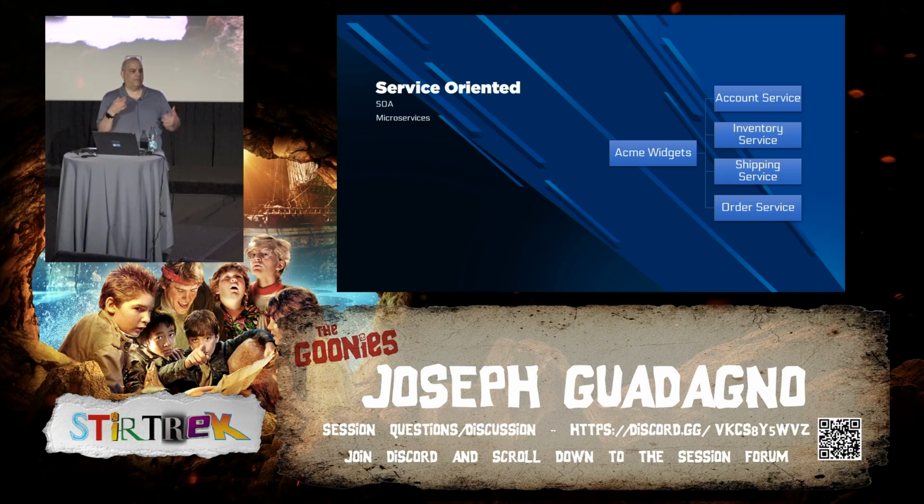So if it has to make some changes due to a new business requirement, let's say it renames a table or changes the name of a column or adds a new column, now the shipping service has to be involved, and that shouldn't be the case. You should talk through contracts, through this mechanism.